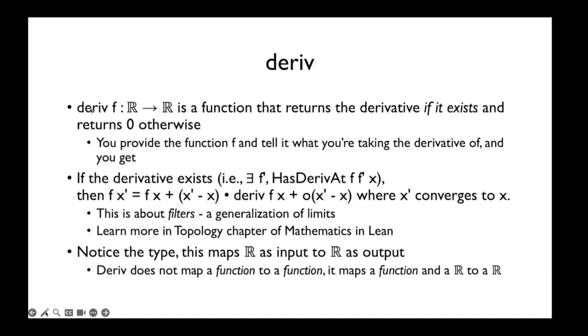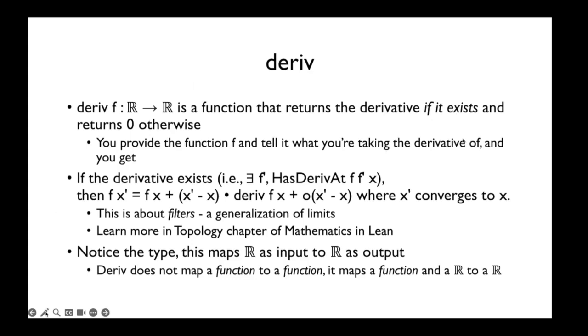So deriv, this whole thing, deriv f together, has type real to real. So this is a function that returns the derivative if it exists, and it returns 0 otherwise. What you do is you provide the function f, and you tell it what you're taking the derivative of. That is going to be the first argument.